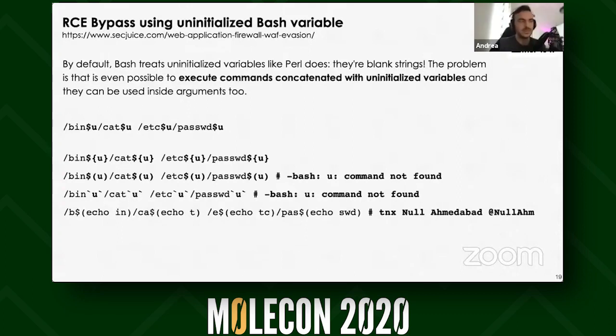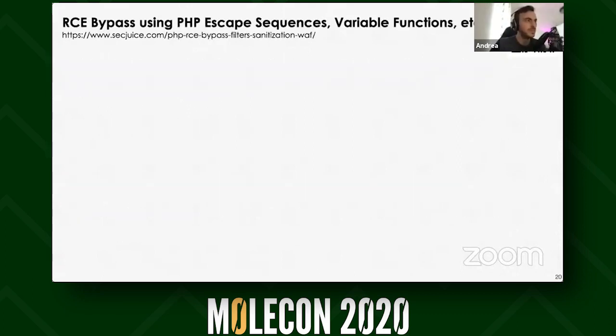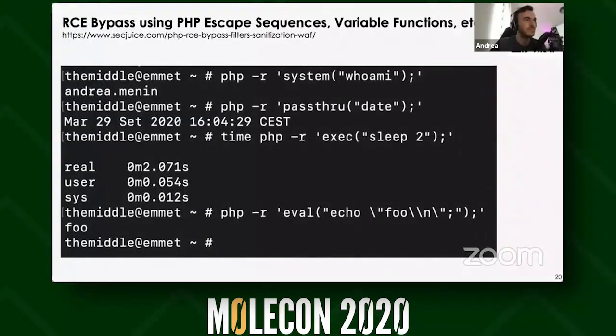Okay, let's talk about PHP. The following two are my favorite techniques of all. Let's say that you discover a remote code execution inside a PHP web application, but a web application firewall blocks your request if it contains a PHP function name inside the HTTP request, such as system, passthru, exec, eval, and trust me, many web application firewalls do it.